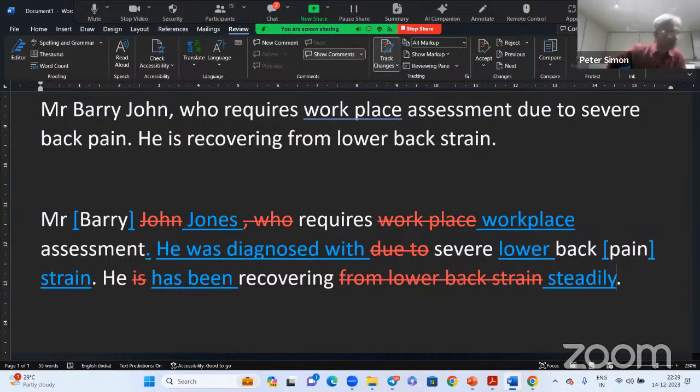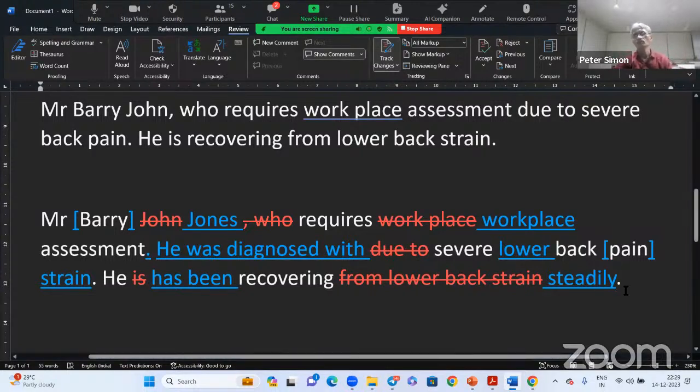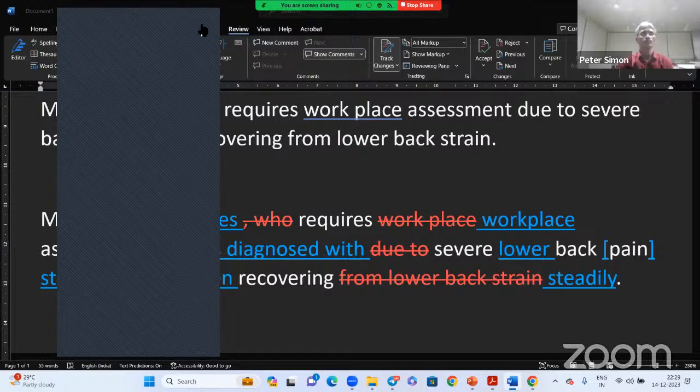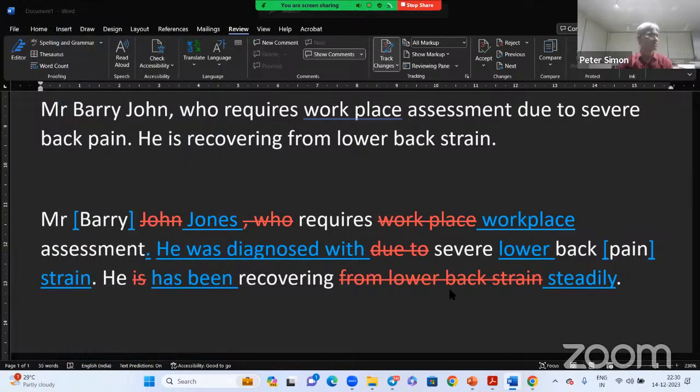Okay. Suggestions. Education regarding responsibilities he can perform. That you can write. So be very careful. Okay. 44-year-old forklift operator. Good.